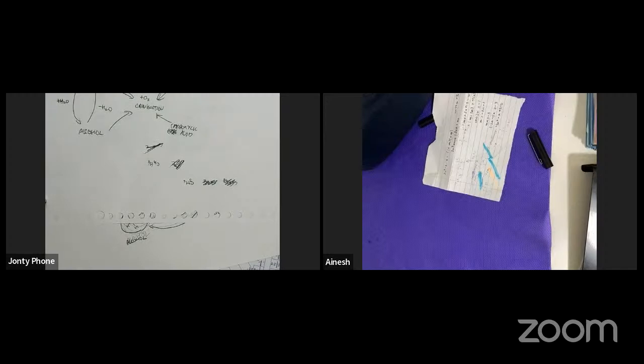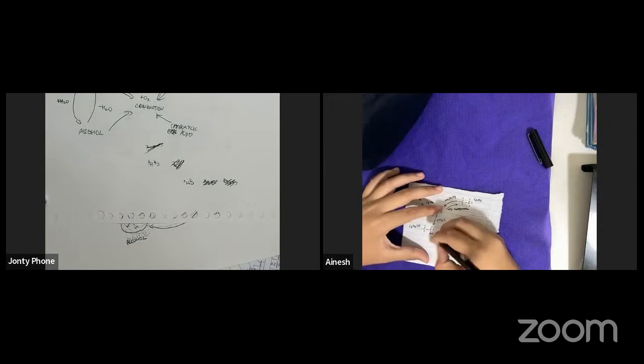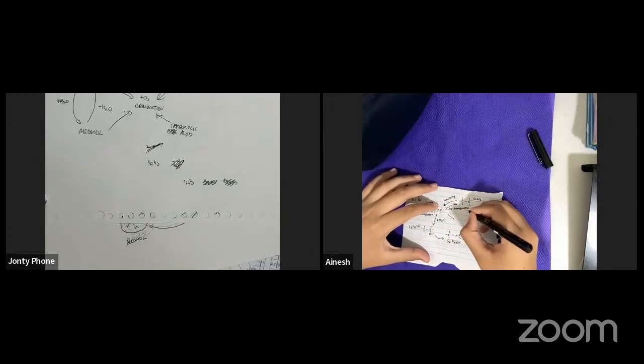So you burn everything in the presence of oxygen, and everything will become CO2 and H2O. Everything can be burned, basically. So arrow in, plus O2 becomes CO2 and H2O.